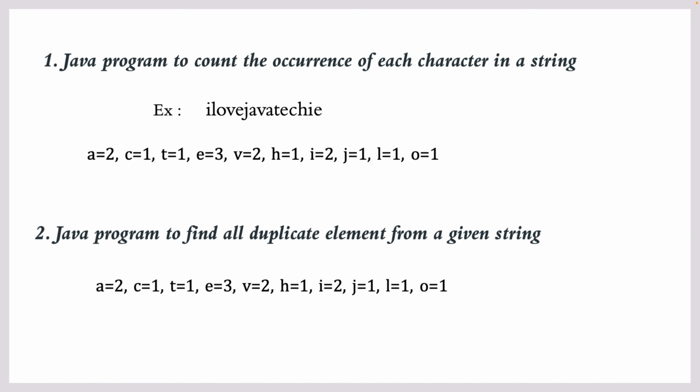I mean, using groupingBy, you can solve n types of coding programming questions. So for the Java program to find all duplicate elements from a given string, you already have the logic to find each character's occurrence. Then we just need to simply add a filter on the map result you got, whose value is greater than 1, and print those as duplicate elements.